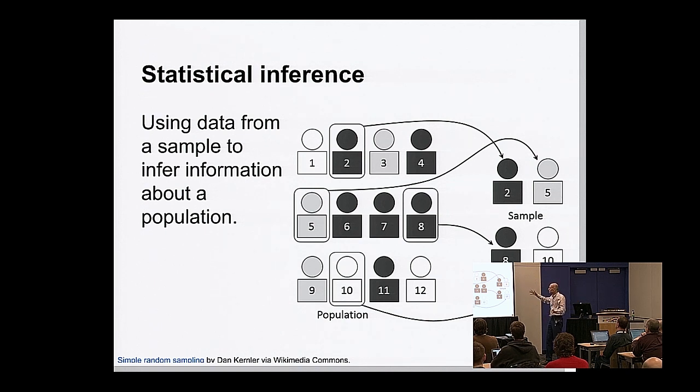But in the case of people, you can think, look, I've got this population of 12 people. For practical reasons, I can't find out about all of them, but I can pull out a sample of 4, measure whatever it is that I'm measuring, and again, the inference is, what can I tell about the population from only looking at a sample? So that's the background.